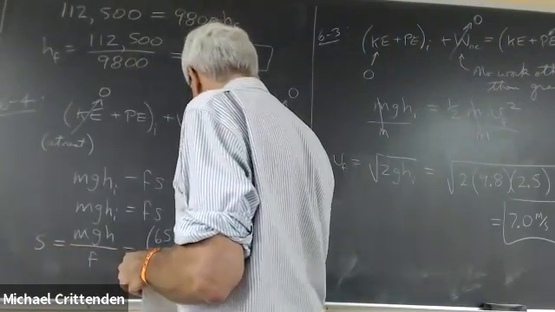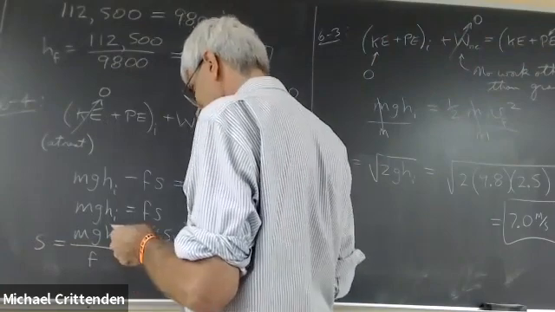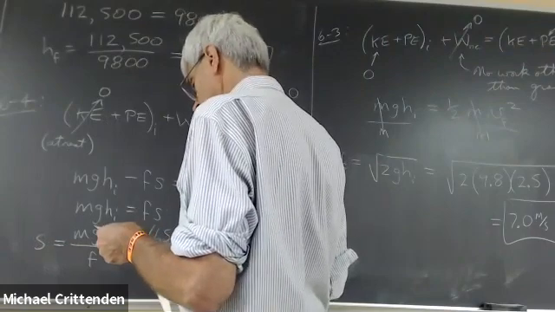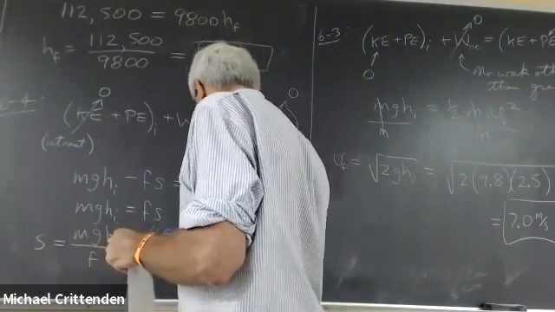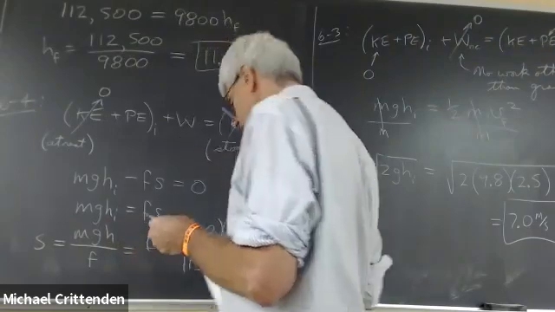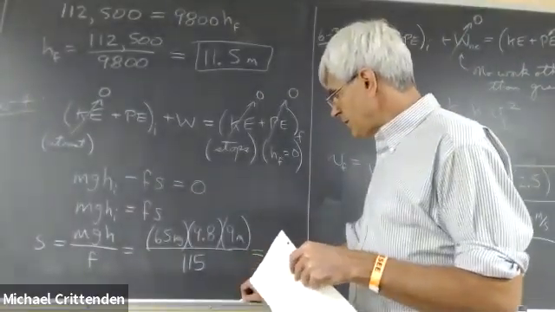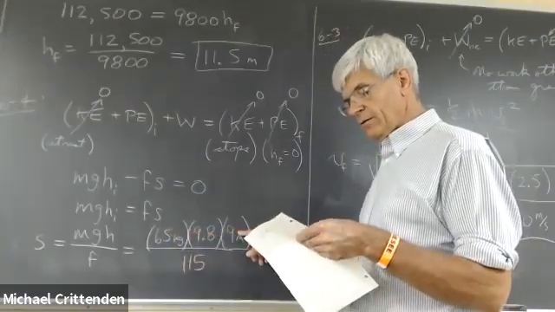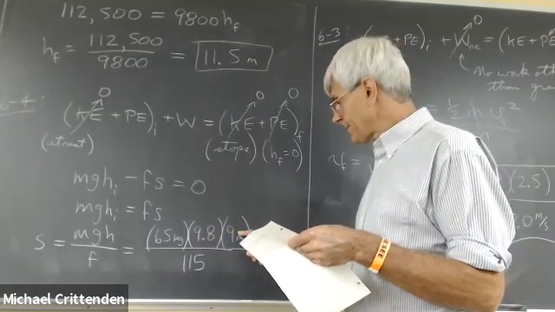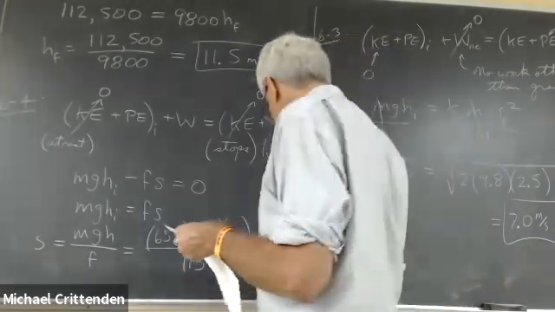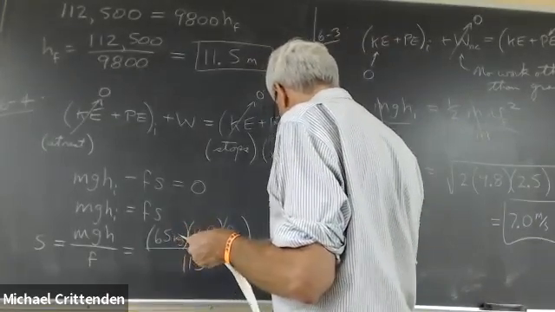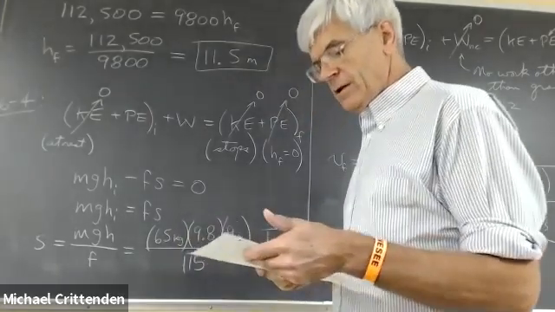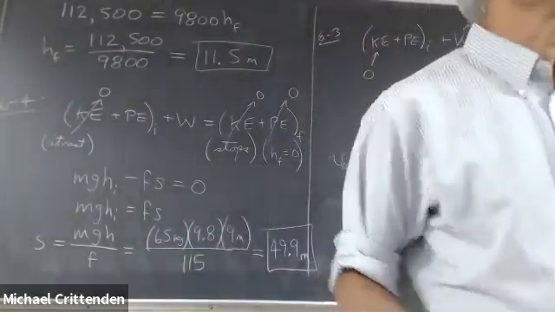G is 9.8. The initial height, 9 meters. And the friction force, 115 newtons. So for anybody who needs to check their arithmetic, that times that times that is 5,733. Divide that by 115. 49.9 meters.